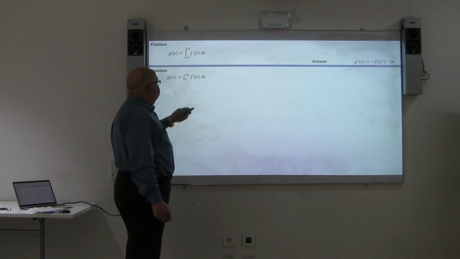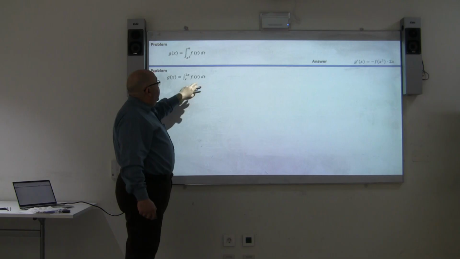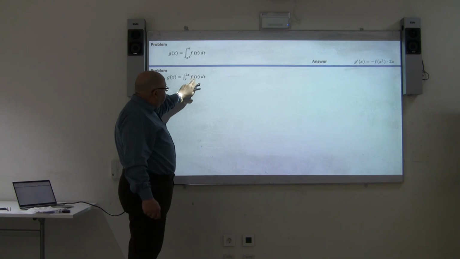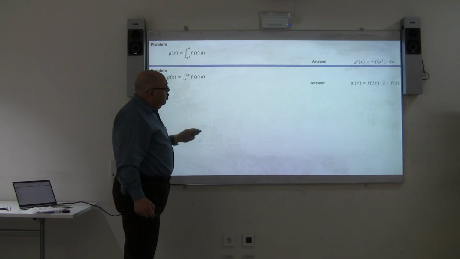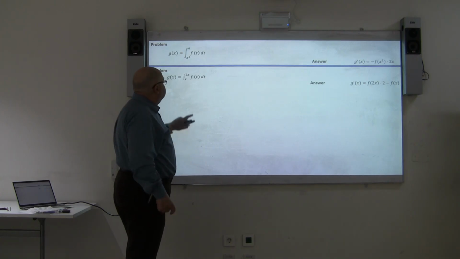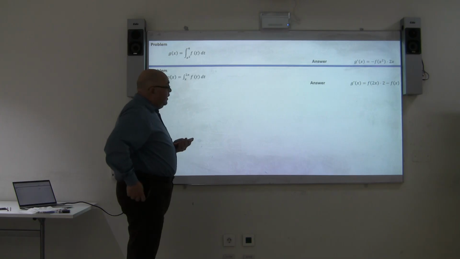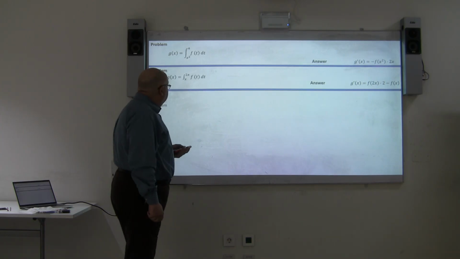Here's another problem. This is the integral of f of t dt, running from x up to 2x. Once more, it's going to be f of 2x times 2 minus f of x times 1. I've made the substitution by the upper bound, minus the substitution by the lower bound.